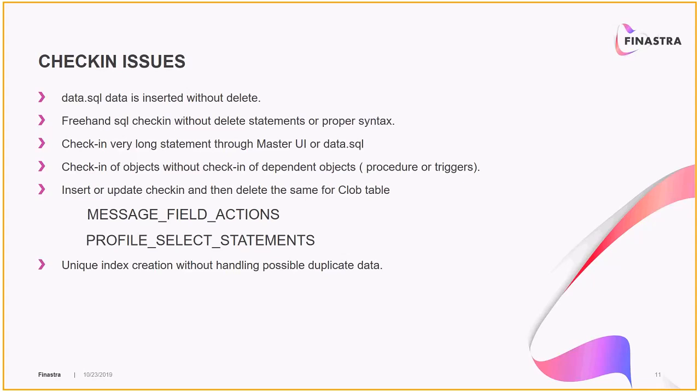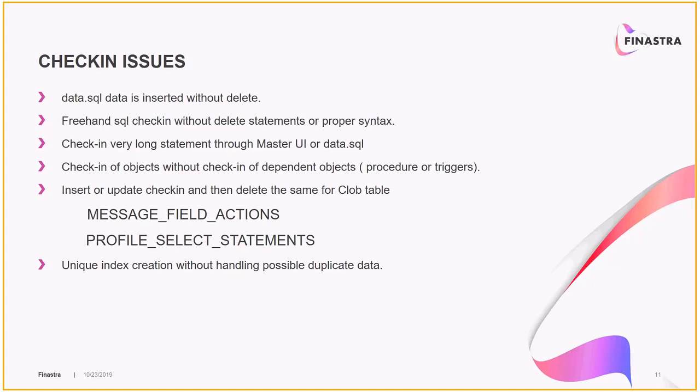Whenever the build is being built, the UPGD table directly picks that CLOB from message field action, and it does not maintain it in the UPGD table, and it puts it into the script. Okay, so many times what happens, developers do an insert for these tables, message field action and profile select statement.